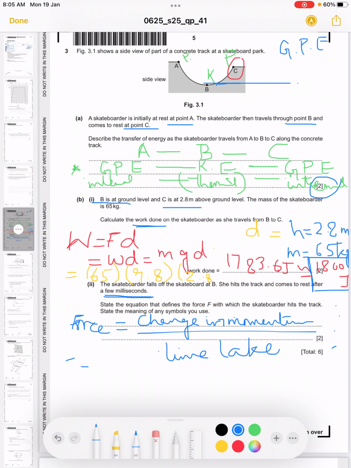I should erase it and write it again. Force equals change in momentum divided by time taken. So in the form of symbols, we can write F equals delta P divided by delta T.